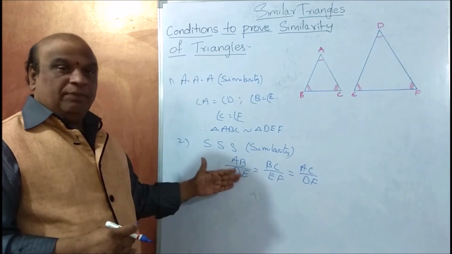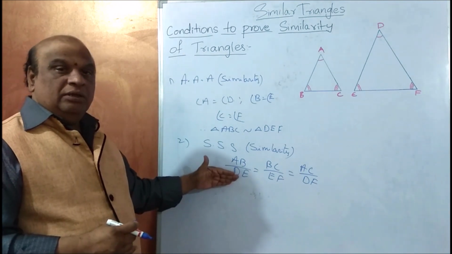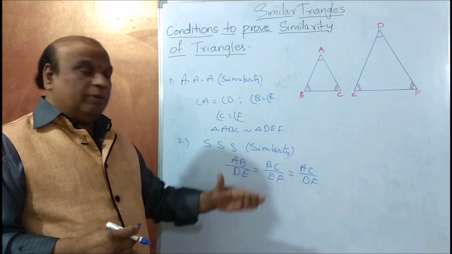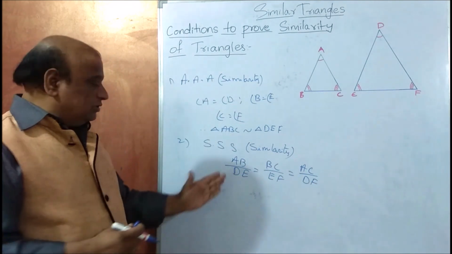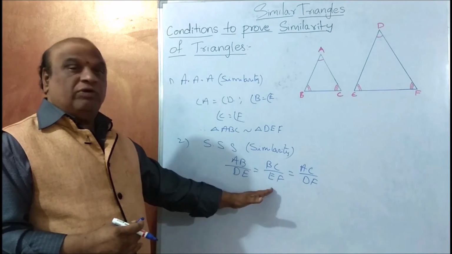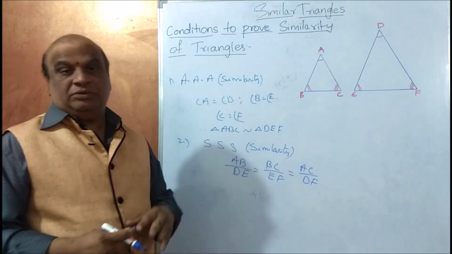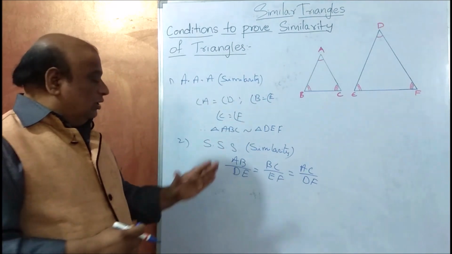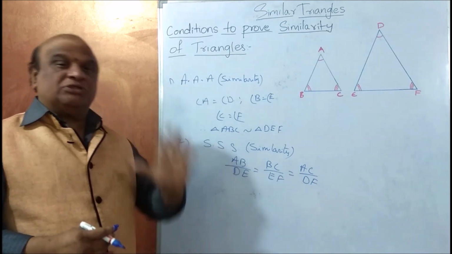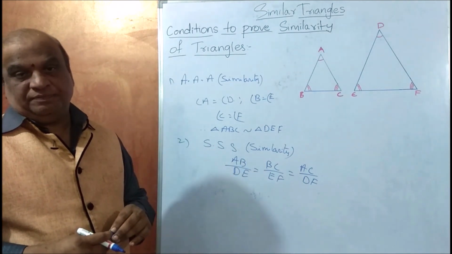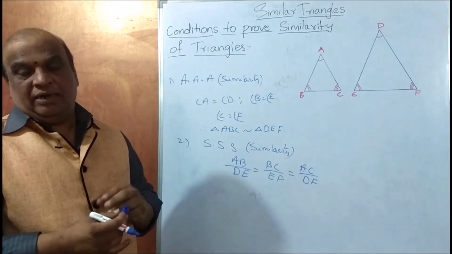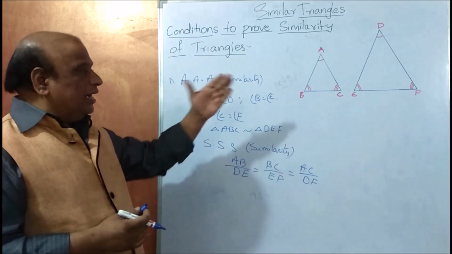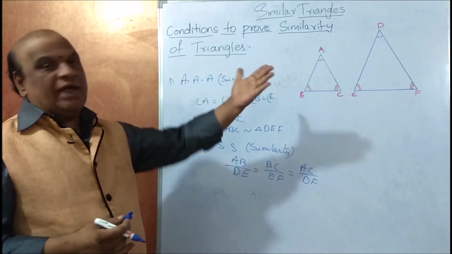AB by DE, suppose we are getting 2 by 3. BC by EF is also 2 by 3. AC by DF is also 2 by 3. Suppose it is 1 by 2, it is also 1 by 2, it is also 1 by 2. Like that, we have to check the proportionality of the sides. Then these two triangles are similar. Now triangle ABC is similar to triangle DEF.